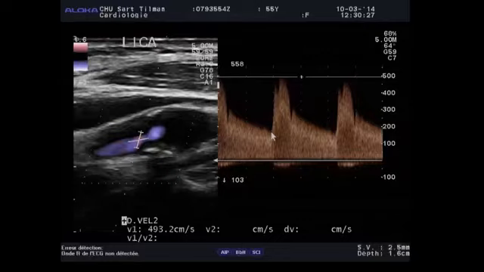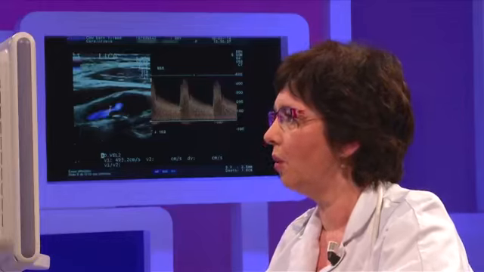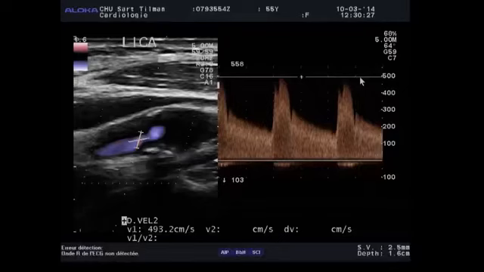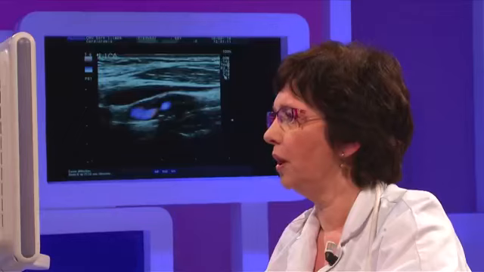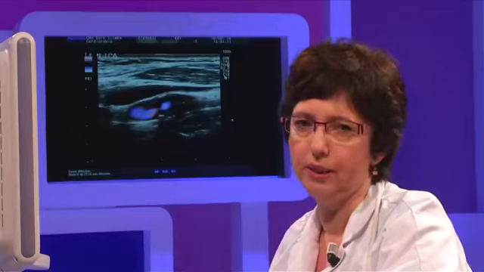But some patients have severe aortic stenosis, or they have a low cardiac output. There's a thrombosis of the opposite carotid artery. So your velocity might be under- or overestimated. So to avoid those pitfalls, you will calculate the carotid ratio.